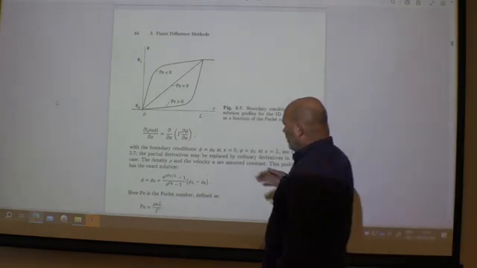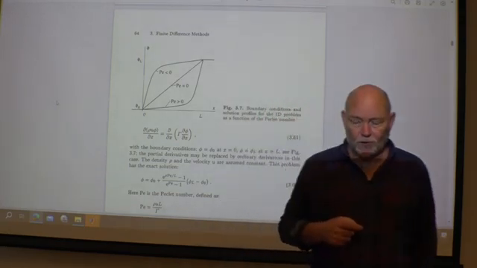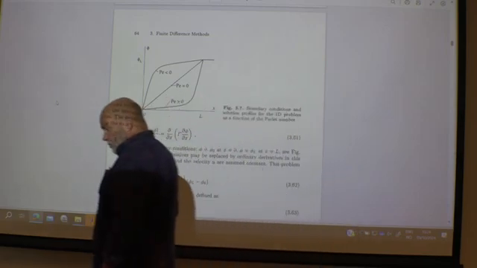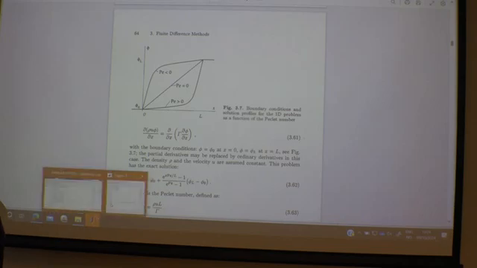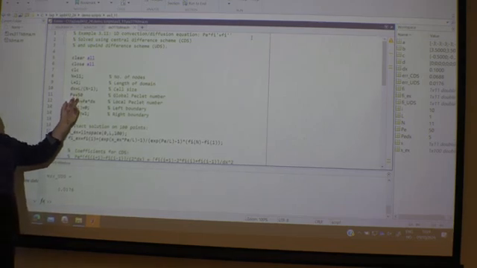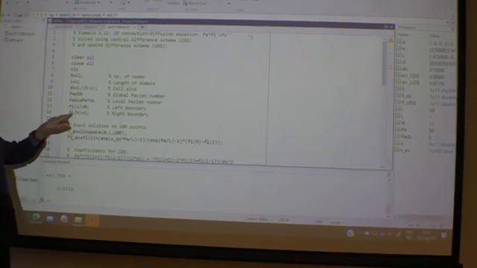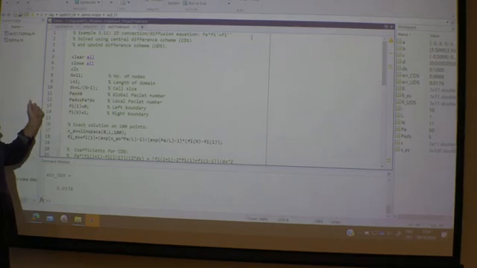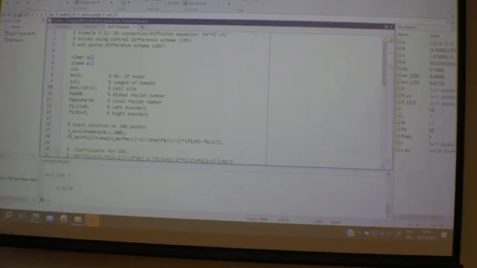Now we are going to solve this one using a central scheme and a first order upwind scheme. We can actually look at the result first. Let's see now. Here we have this problem. I've chosen the Reynolds number globally as 50, and then just choosing 1 and 1 for all the unknowns here, and the length is 1, and I only have 11 nodes, so it's quite crude.